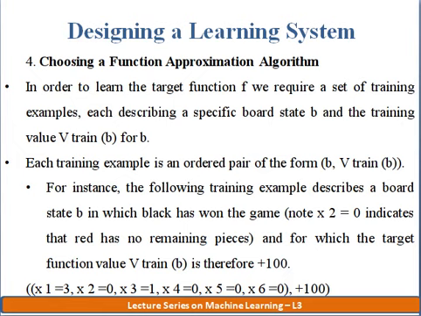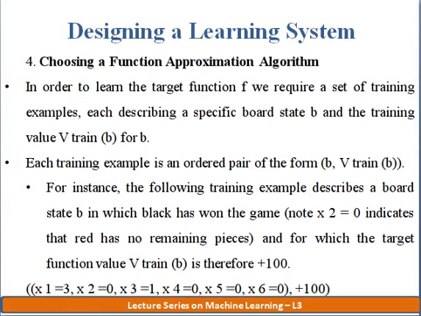Since black has won, there is no question of red pieces remaining. So x1 is assigned the value 3 and x2 is 0, because x2 represents red pieces.